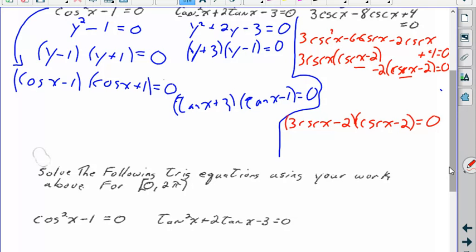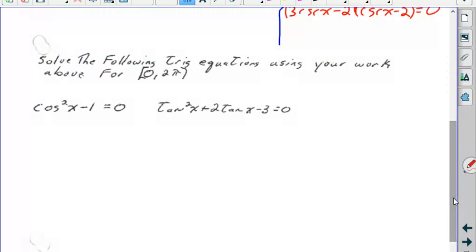Well, the only way that these two factors are going to multiply to 0 is if that one's 0 or if that one's 0. Well, it's the same principle here. The only way this solution works is if that one is equal to 0 or that one is equal to 0. So we factored it out.